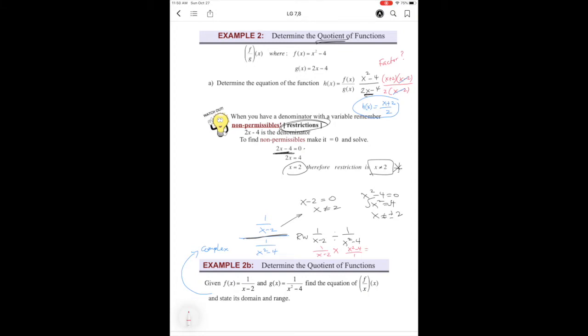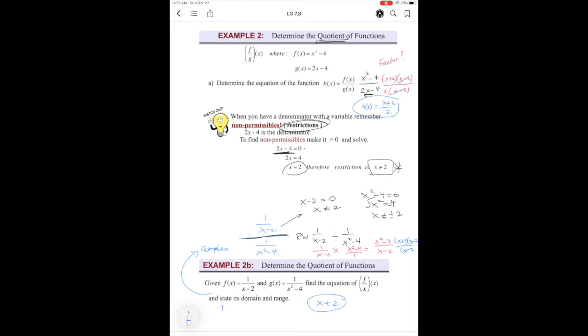I know it's going to be (x squared minus 4) over (x minus 2), and then I can factor the top to (x plus 2)(x minus 2), all over (x minus 2), cross, cross. So all that work is to get a simplified answer of x plus 2.